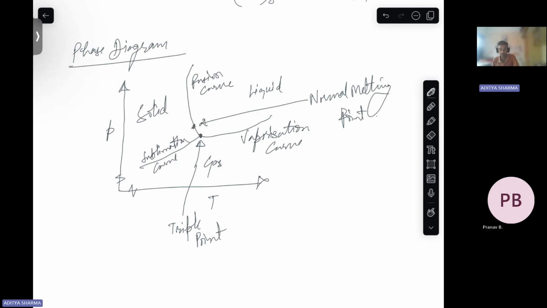Solid is your ice, and liquid is your liquid water in case of H2O. Okay, so the ice will be coexisting with the liquid water at the normal melting point, because the normal melting point also is on the fusion curve. You can see that.